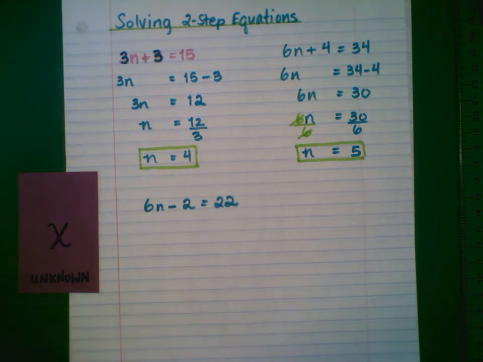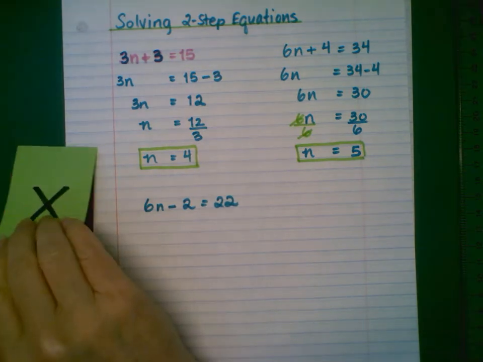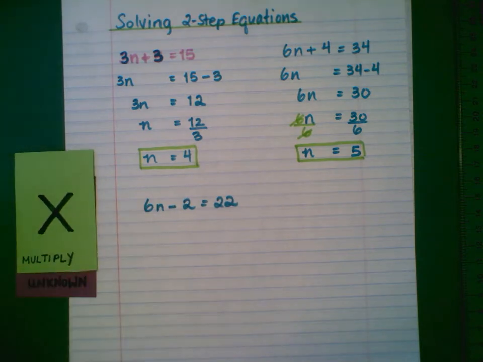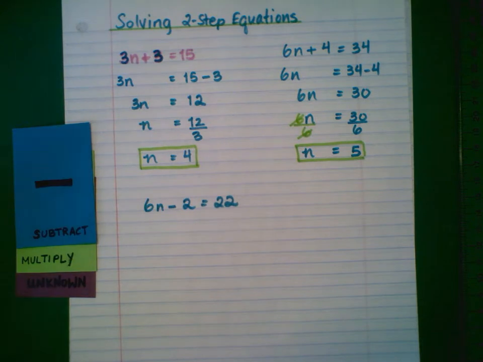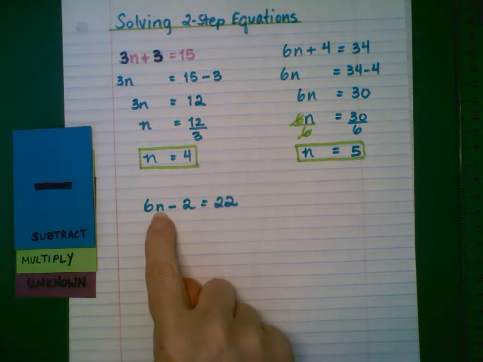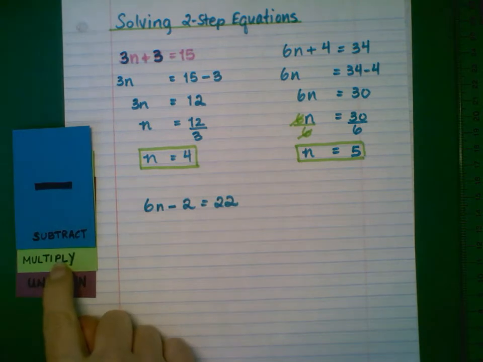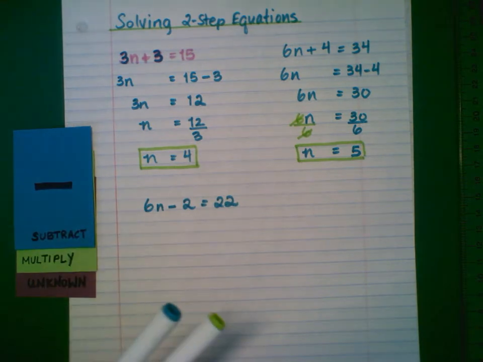It has been multiplied by 6 according to the priority of operations, and then it has had a subtraction. So 2 was subtracted from it. To solve for that unknown, I'm going to have to undo each of those operations in that order.